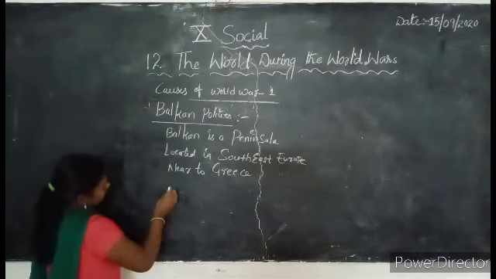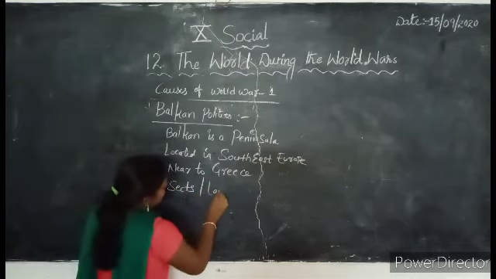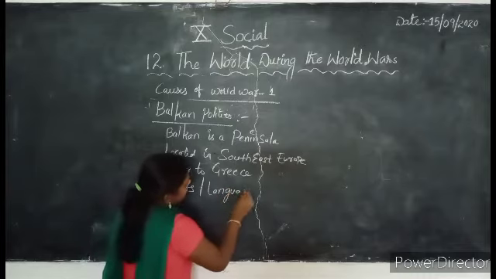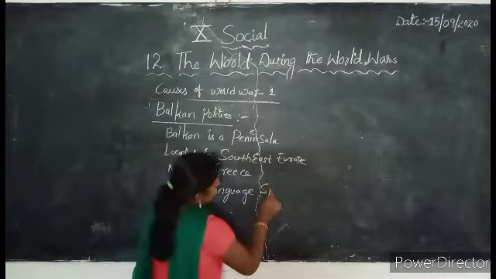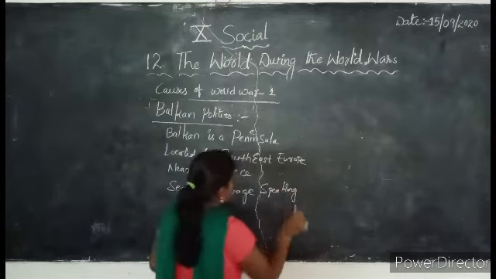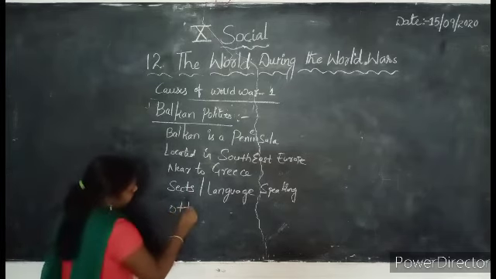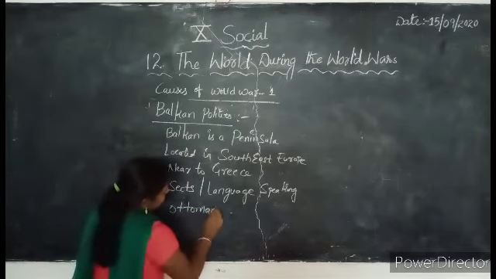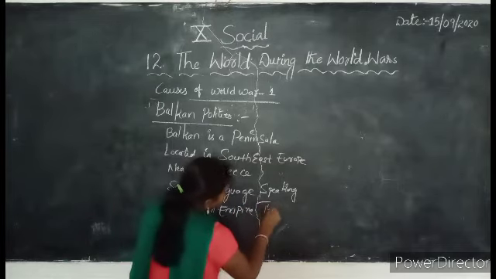So many sects and language-speaking people were living in the Balkan Peninsula. They were under the control of the Ottoman Empire, Turkey.